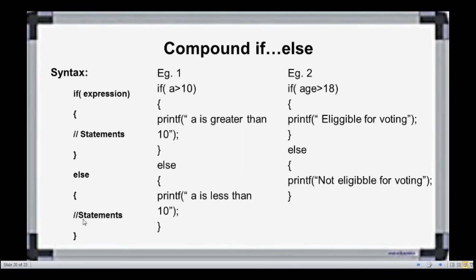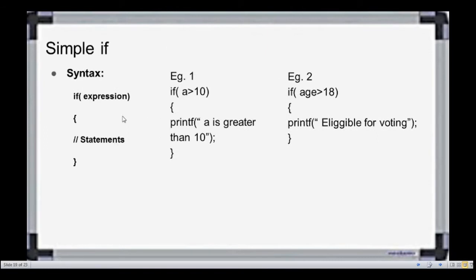Here a set of statements is included. When there is only one statement after your if and expression, there is no need to give the curly brackets. But if you give them, no problem. If there is only one statement, you can directly write it after this.